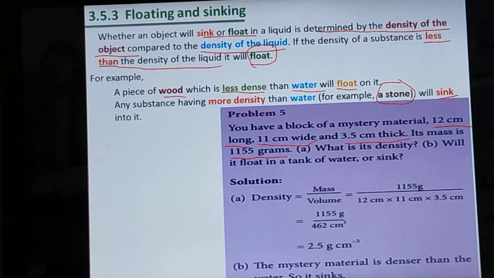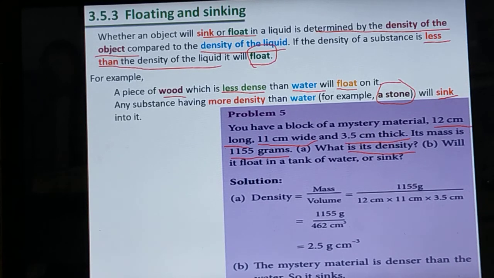Now they ask two questions. What is its density? Then will it float in a tank of water or sink? What is the density of the mystery block substance, and whether it is going to float on water or not.